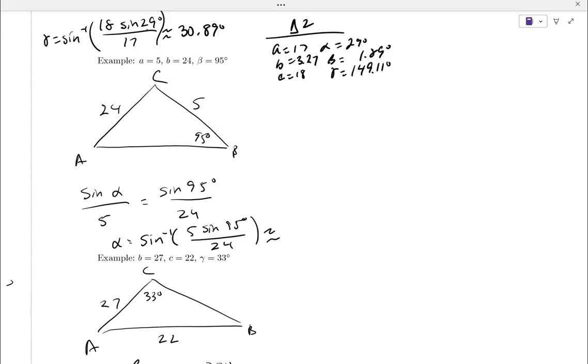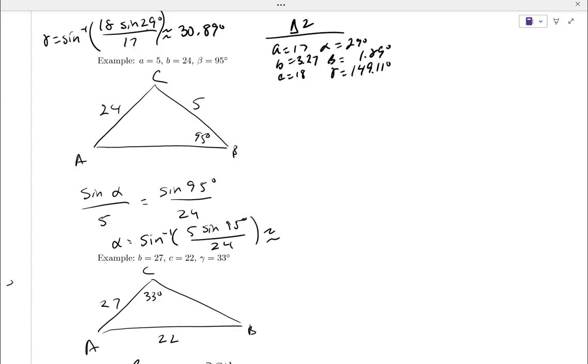Since beta is 95 degrees, I don't have to worry about a second triangle. Even though I'm going to find an angle first, there is no second triangle. You don't even need to bother checking because beta is obtuse.